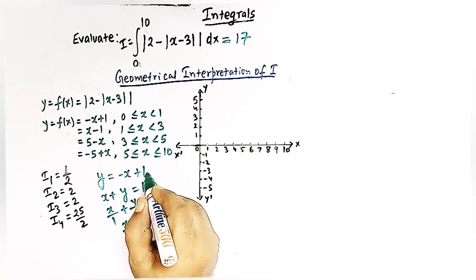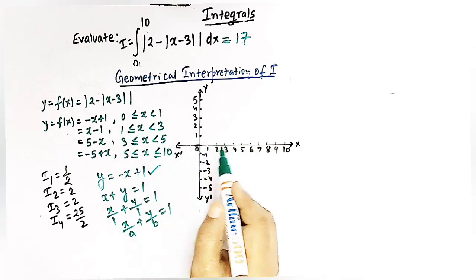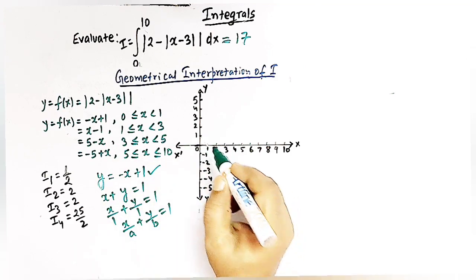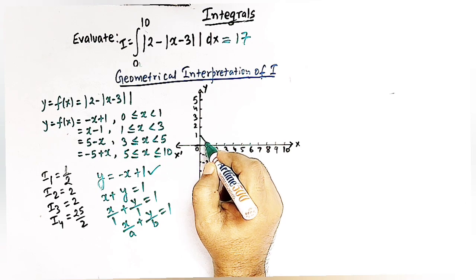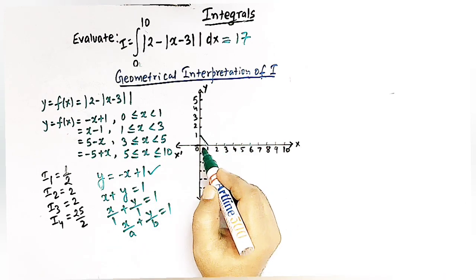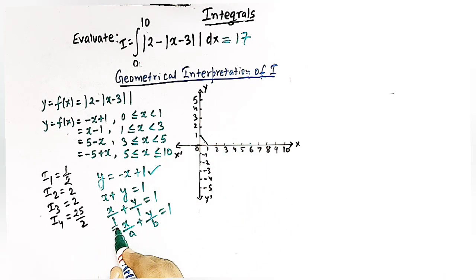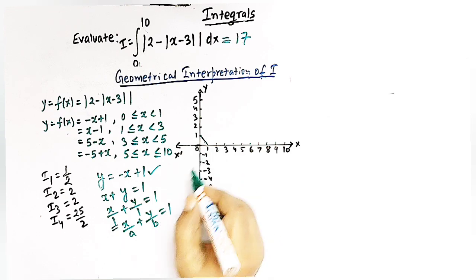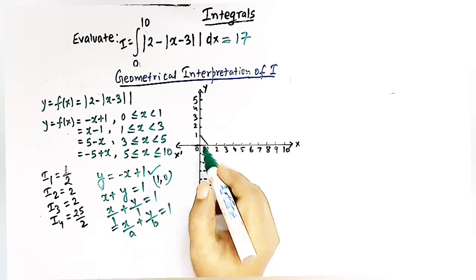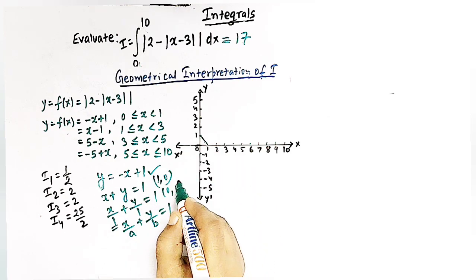So if we plot this line in this interval, that is 0 to 1, then we have the line like this, because this line passes through 1 comma 0 and 0 comma 1.